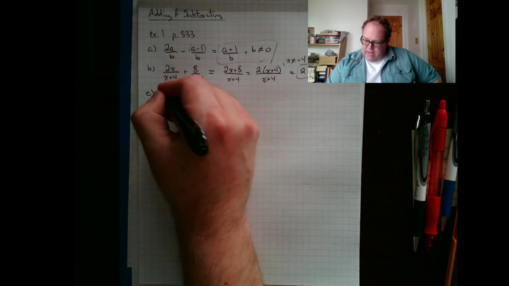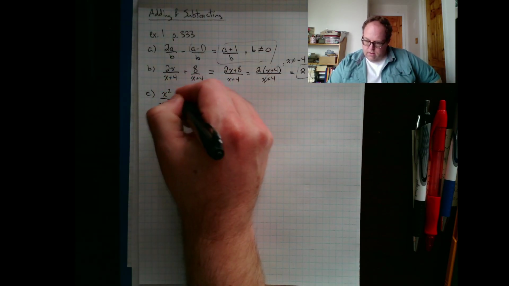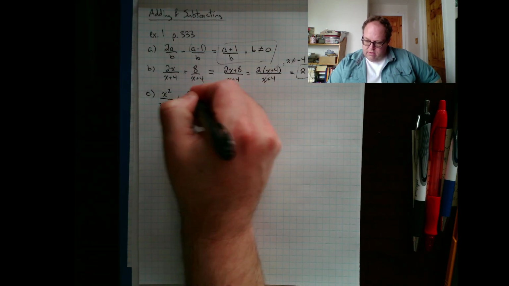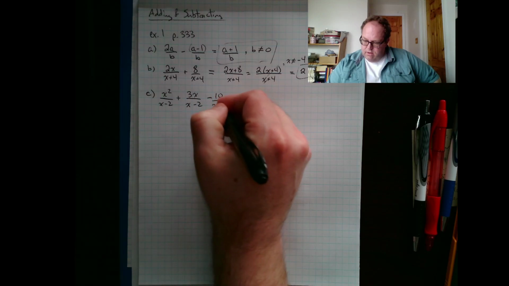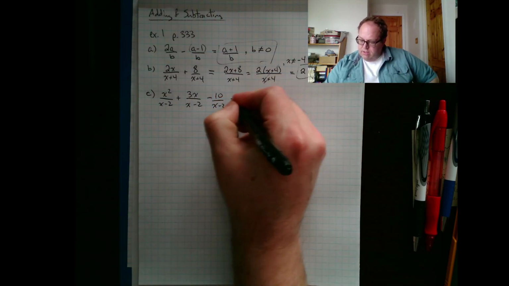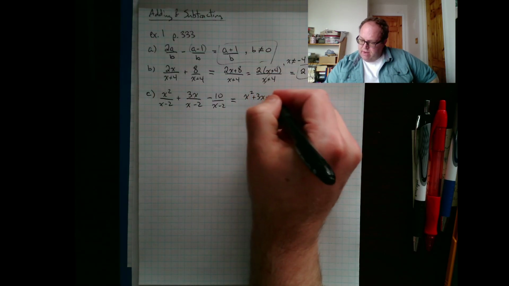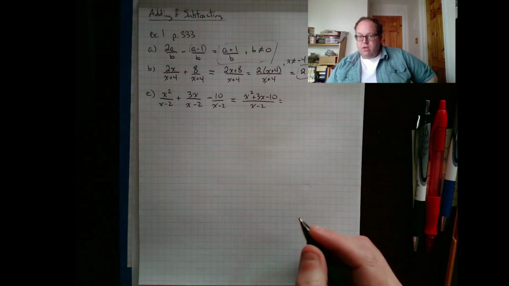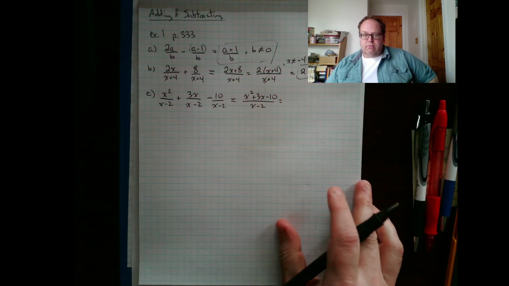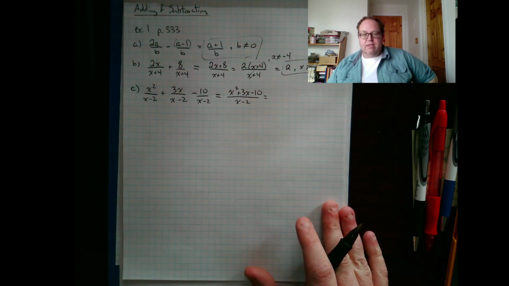And then lastly, I have x squared over x minus 2 plus 3x over x minus 2 minus 10 over x minus 2. Since my numerators are all the same, this is the same as x squared plus 3x minus 10 over x minus 2. The numerator, cut off a little bit there.